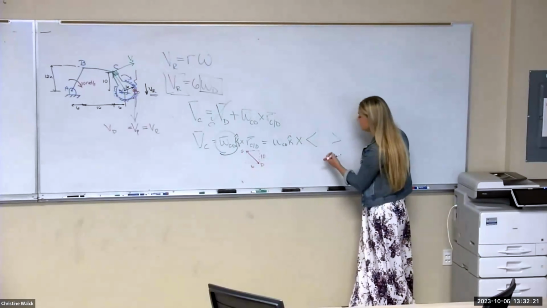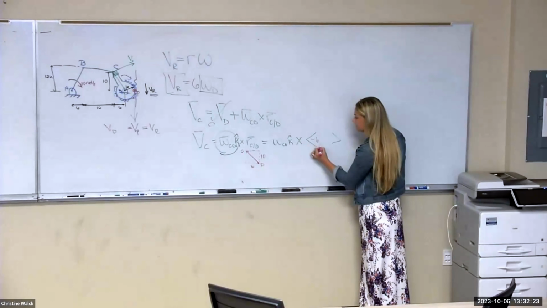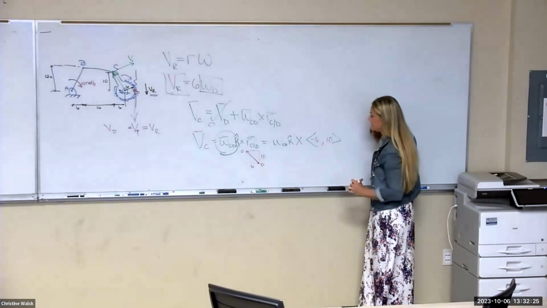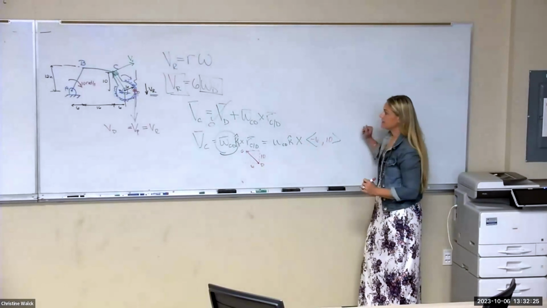So here, I'm going to have -6, +10. It is -6 because your vector is going in the negative x direction, but it's going in the positive y direction. Please do not mess up those signs, okay? So we have our VC vector, okay?